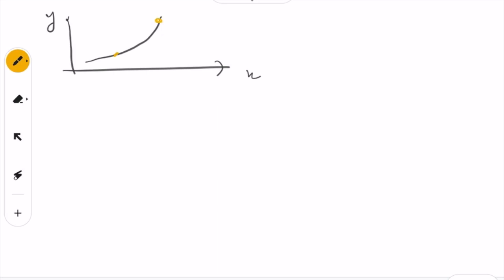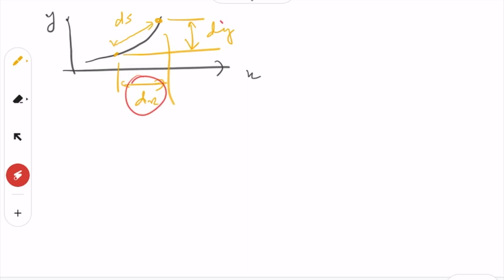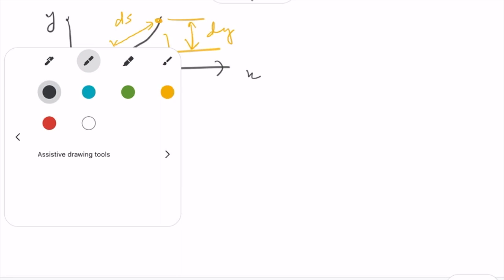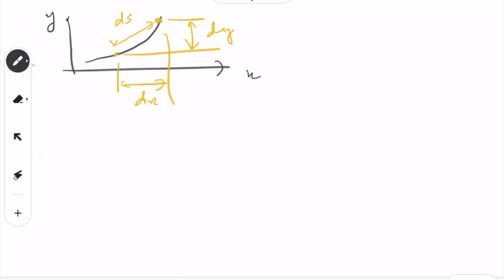From here to here is dx, from here to here is dy, and here to here is ds. When dx, dy, ds are very very small, we can write how they are related: ds squared equals dx squared plus dy squared, right.